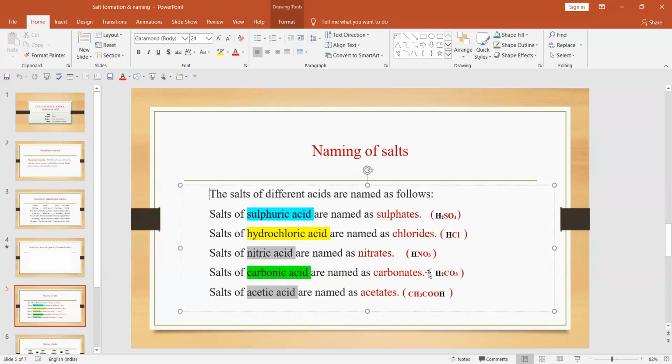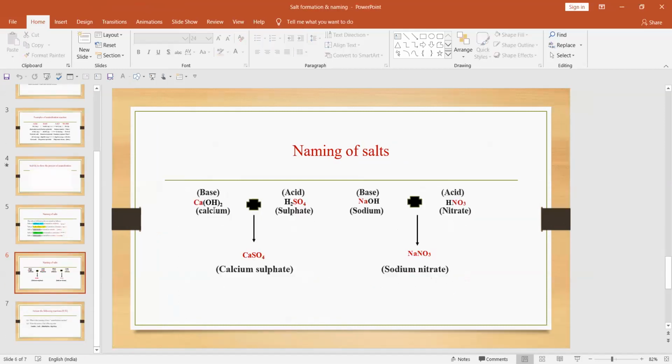You see the red portion. Now, the salt of acetic acid is named acetate. What is acetate? Hydrogen is at the end, so before that, CH3COO is known as acetate. So while naming the salts, we have to be careful about the acids and also the bases. Now let us see, by taking suitable examples, how naming of salts occurs.